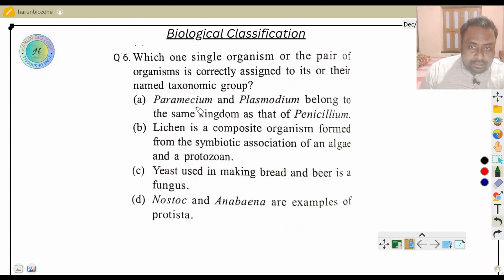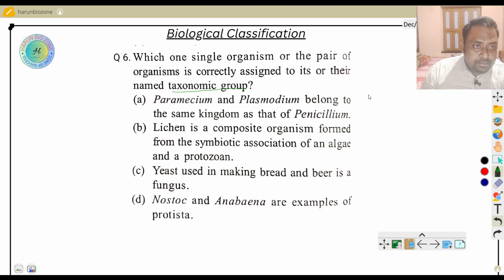Which single organism or pair of organisms is correctly assigned to its or their named taxonomic group? So here the question gives some organisms and their related features. Paramecium and Plasmodium belong to the same kingdom.